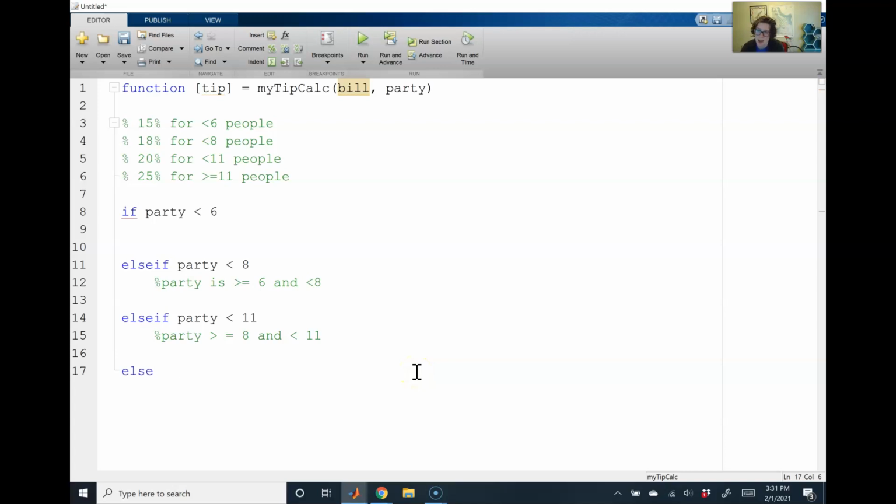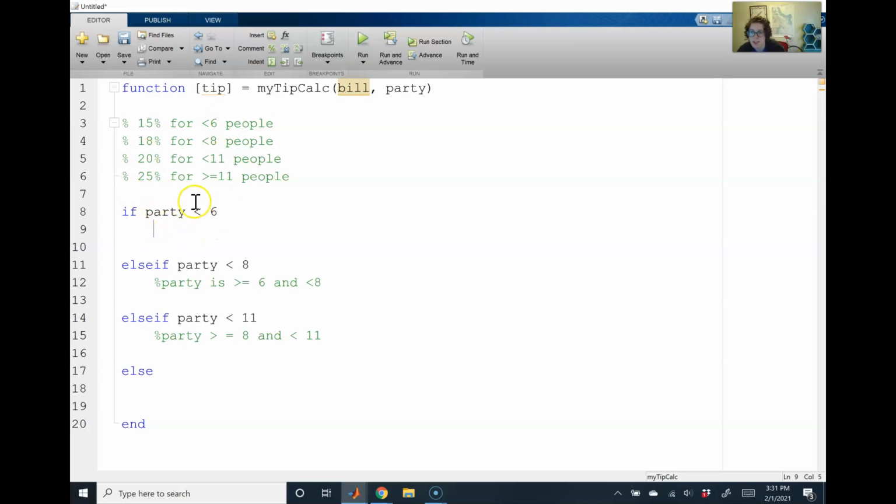And then I'm just going to have an else statement. We could do an else if it's greater than or equal to 11, but if this is false and this is false, then we know that party is greater than or equal to 11. And then I'm going to have an end here.